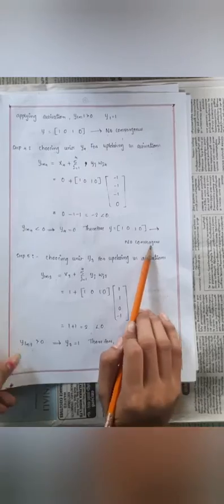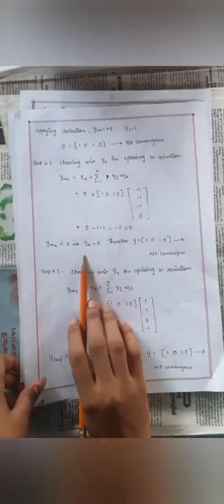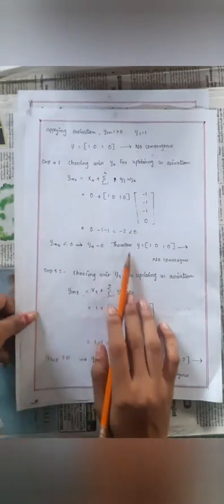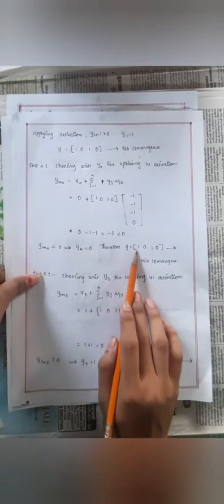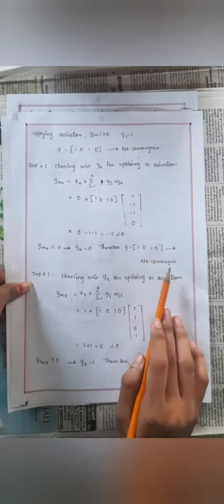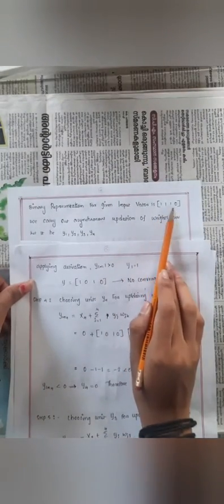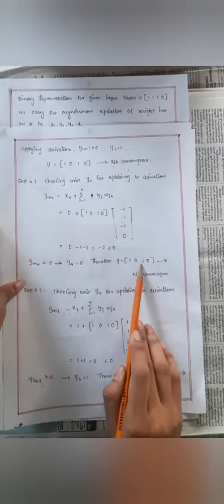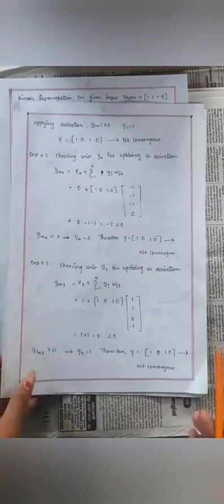It is not convergence, because our binary representation vector is 1 1 1 0, and here we have 1 0 1 0. So this is not convergence.